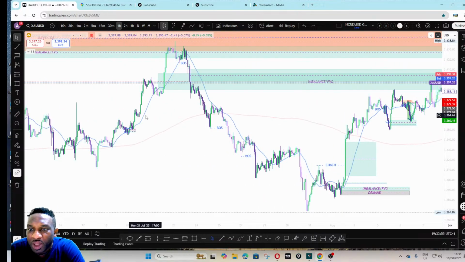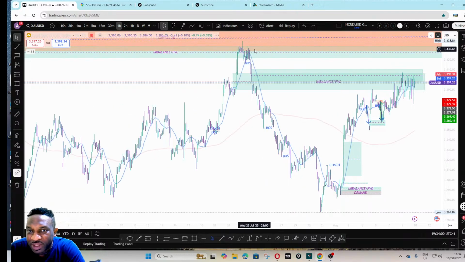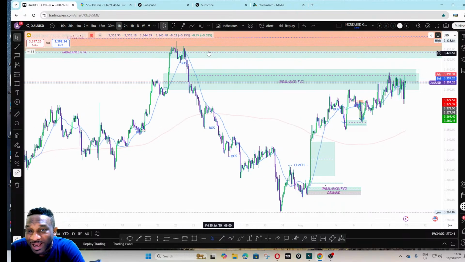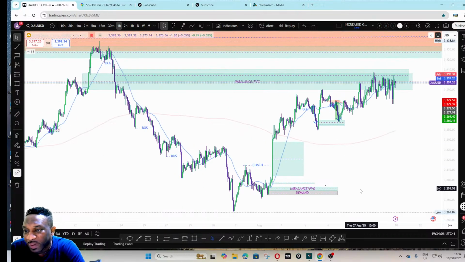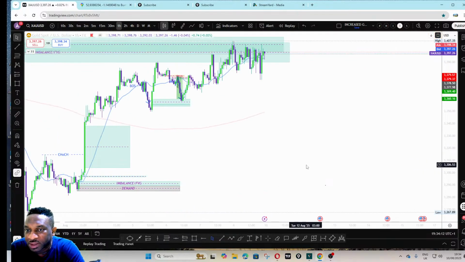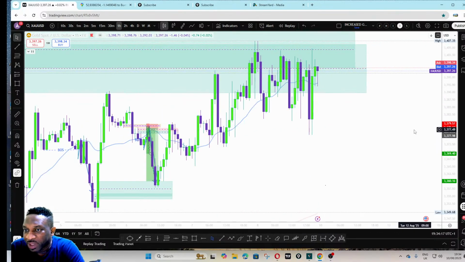So above here we don't have anything to cause price to be attracted to, apart from the equal highs that it's created here, that we identified on the higher time frame. We at least expect price, if it wants to turn around for sells, to sweep the liquidity above here before it goes on that journey we talked about earlier on.